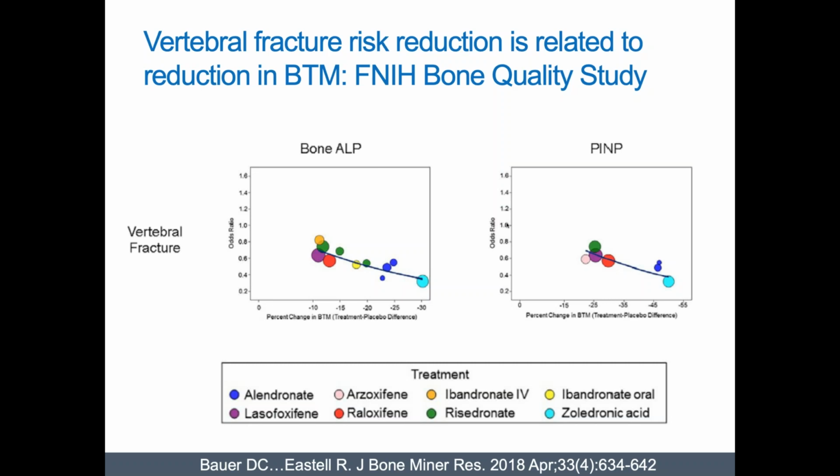And I'm showing here the vertebral fracture risk reduction, and the circles all represent individual studies. The bigger the circle, the larger the study. And you can see that the greater the reduction in either bone alkaline phosphatase or P1NP, the greater the reduction in vertebral fracture risk. So the bone marker change does seem to relate to the fracture risk reduction.